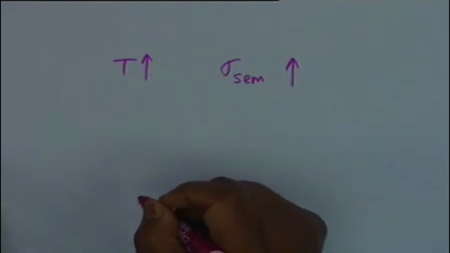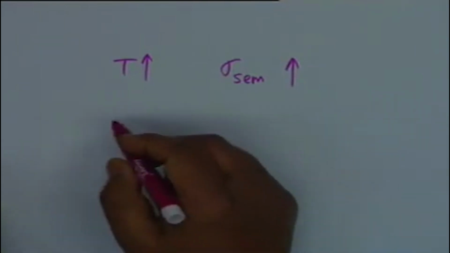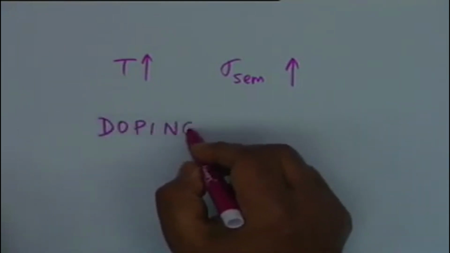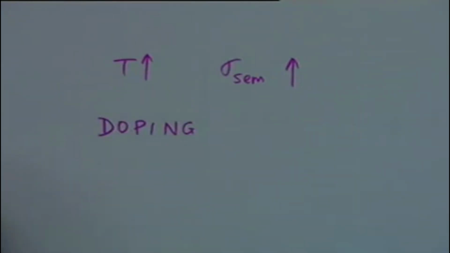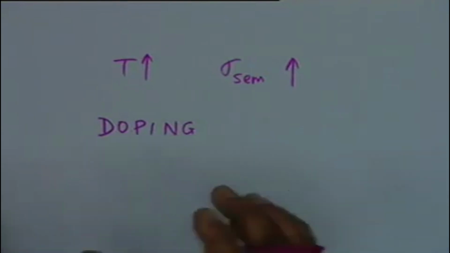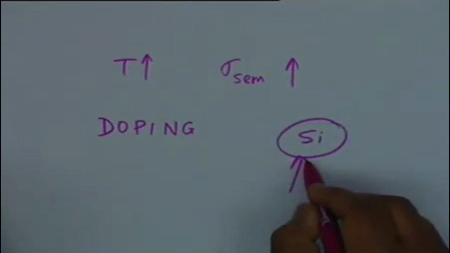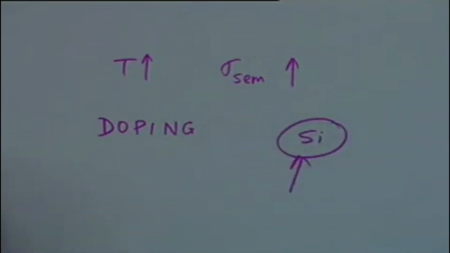small amount of impurity in the semiconductor, this process technically is known as doping. That is, you dope a semiconductor, let us say silicon, with some amount of impurity. This impurity has to be a special kind of impurity. It has to be an element from a neighboring column of the periodic table.